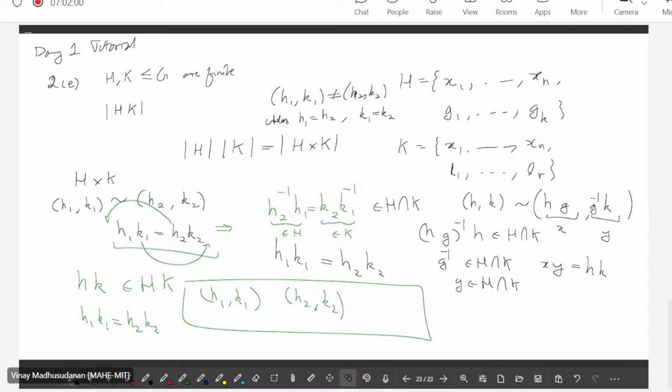Did I do the multiplication H2 inverse and K2? Correct. That is correct. G inverse H inverse H. K2 K inverse K1 inverse. That will also give me G inverse.